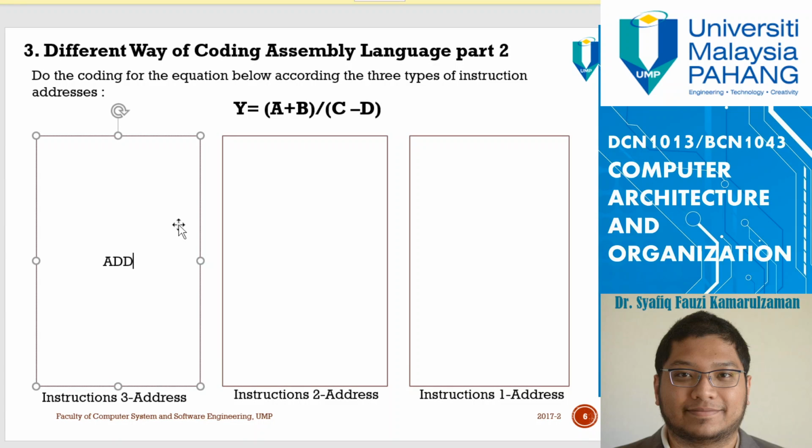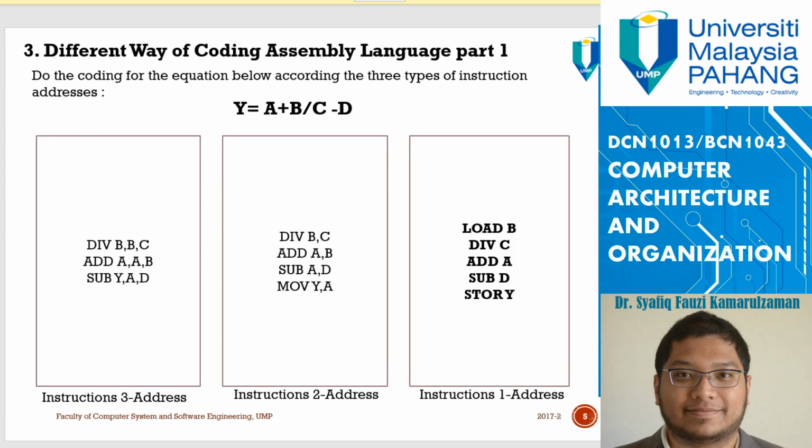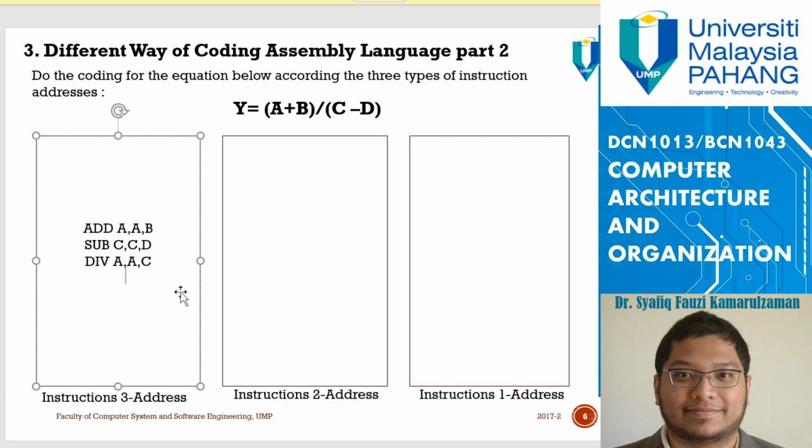For 3 address, add A B, and then sub C D, and then you do divide C. Like before we had move Y A, but you don't have to use move, you can use Y immediately here. So you save one instruction there.